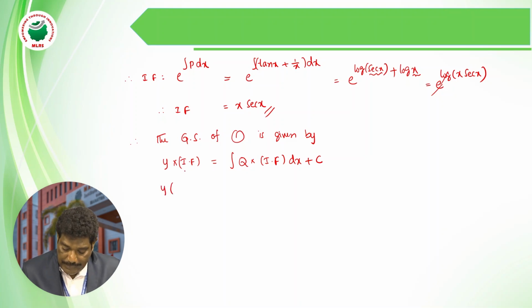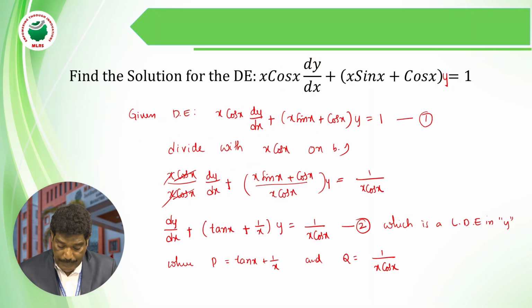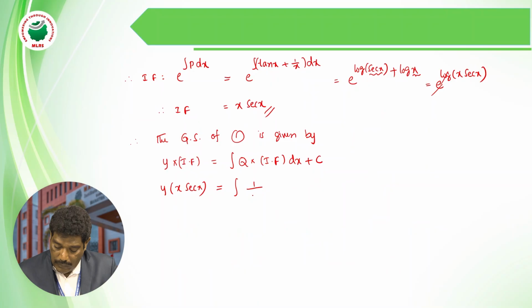Then y into, now what is the integrating factor here? That will be x into secant x. That equals integration of q. What will be the q? Here the function will be 1 by x into cos x, into integrating factor, that will be x into secant x, into dx plus c.